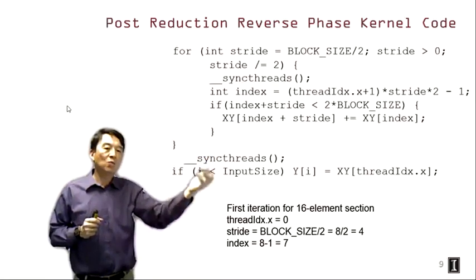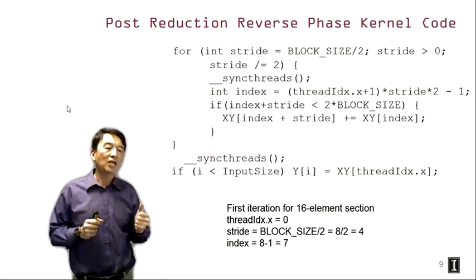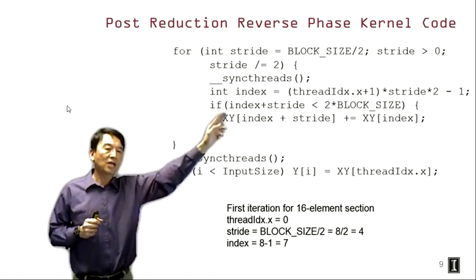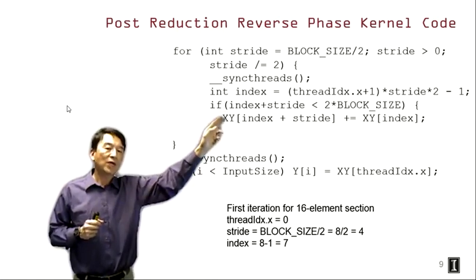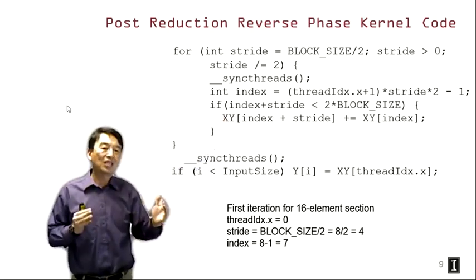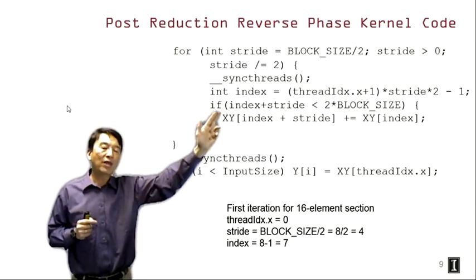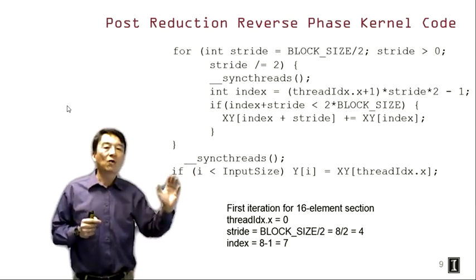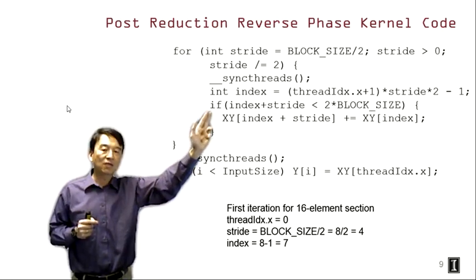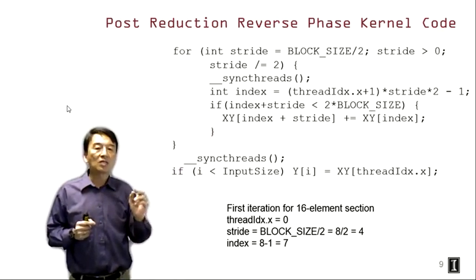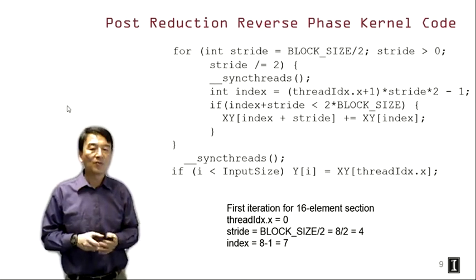And 16 minus 1 is going to be exactly 15. But then when we add stride value, which is 4, into the index, it's going to exceed the 16. It's actually going to be 4 plus 15, which is 19. So that thread 1 or any thread that is above it will be disabled by the if statement. So this guarantees in that first iteration only one of the threads, thread 0, is going to be active, doing exactly what we expected to do.